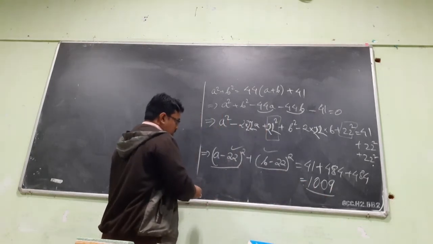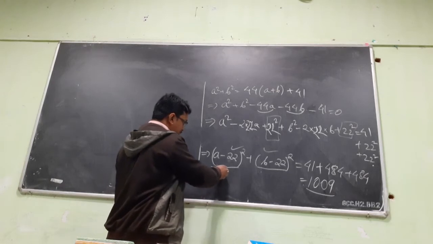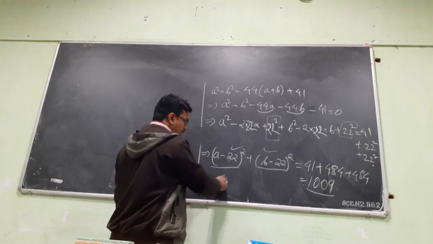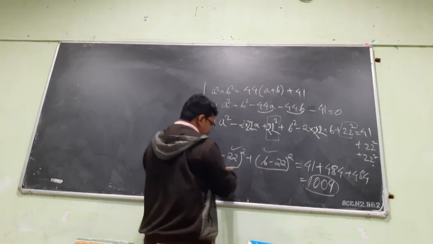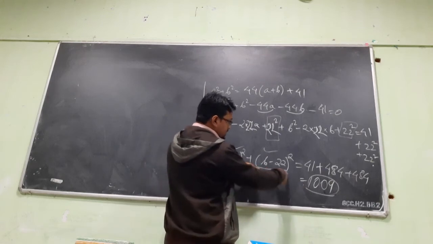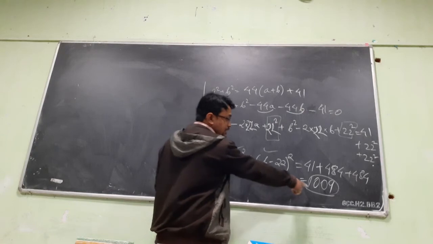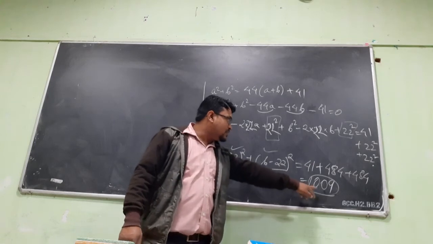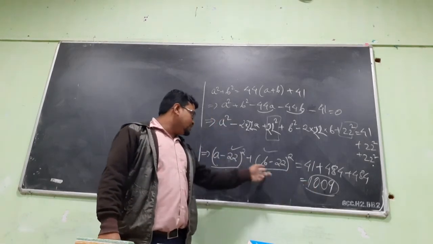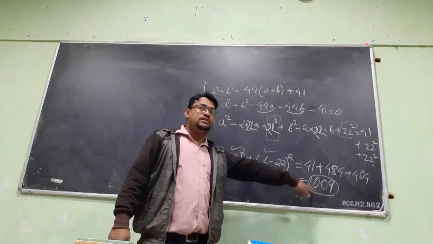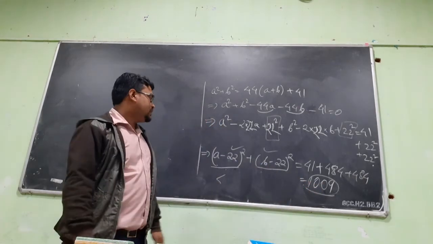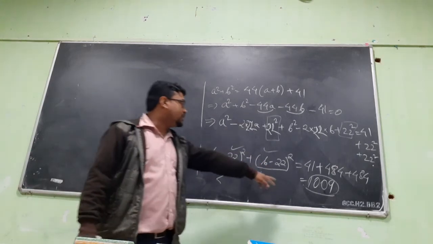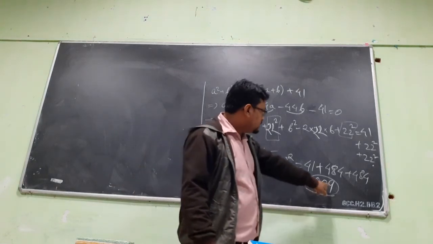Both of these perfect squares cannot be less than 1009 by 2, because if each is less than half, then their sum is strictly less than 1009.